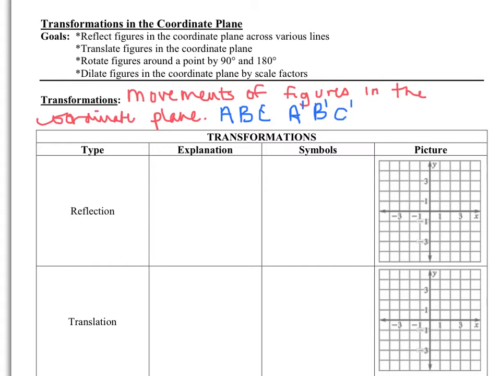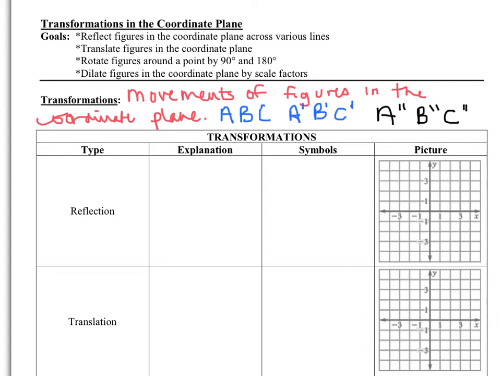The prime is just an apostrophe, it's just how it's read, but really all it means is that's the new A coordinate, that's the new B coordinate, and that's the new C coordinate after a transformation. If you transformed the transformed figure, then the coordinates would become A double prime, B double prime, C double prime, and you could keep doing that for however many times you transform a figure.